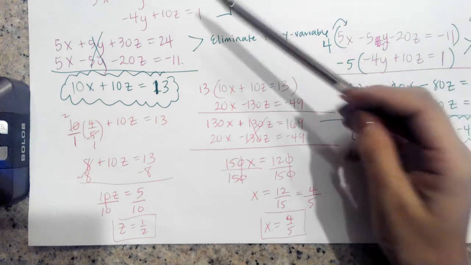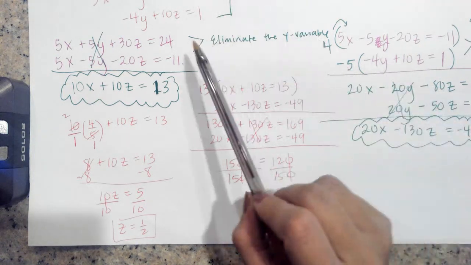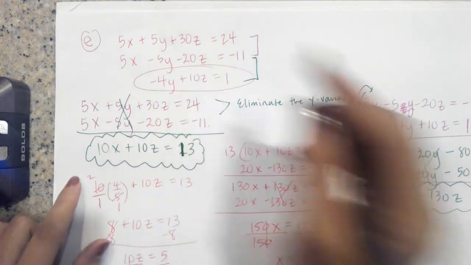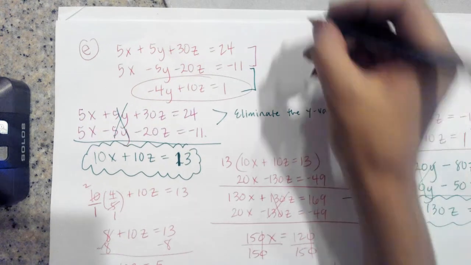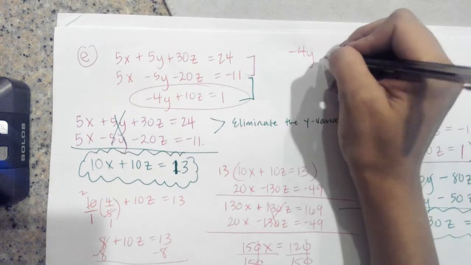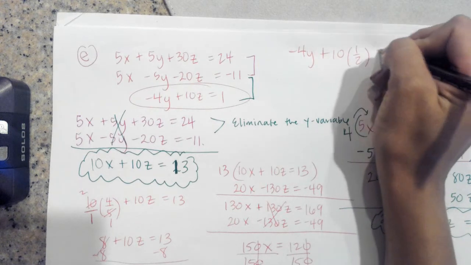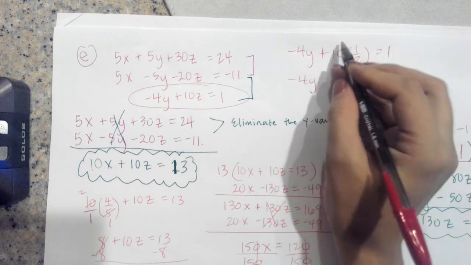I know you don't like fractions, but these are nice, pretty fractions, so don't freak out. Alright, the last thing I'm going to do is I'm going to pick one of these guys to substitute in. I need to find my y variable. I'm going to do this bottom guy right here just because I only have to plug in once. And I need to solve for y. So I have negative 4y plus 10. My z was 1/2 equals positive 1. Negative 4y. Alright, what is half of 10?